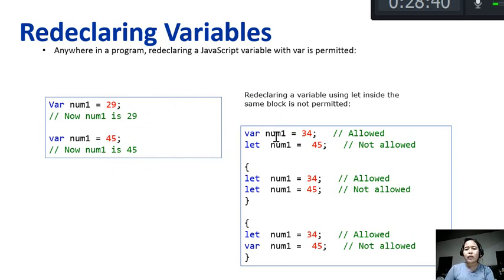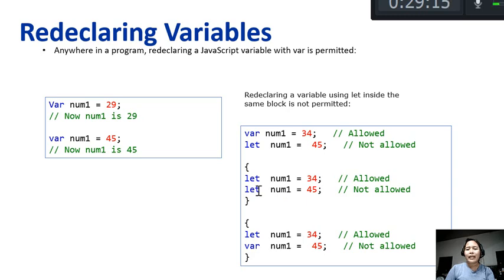Now this one, you have a declared value of num1 which is 34. Now you cannot use num1 anymore using let, okay, because again, using let and declaring the same variable name is not allowed. Now within your scope, here you have num1 and given it a value of 35. That's allowed now, okay, because remember that this num1 only exists in that particular scope, and this one is like a different block of code.